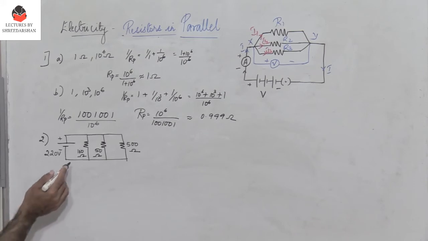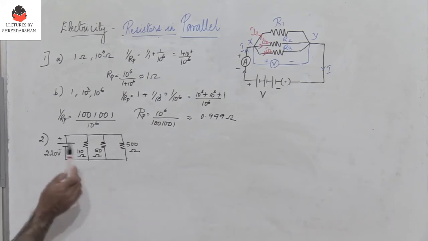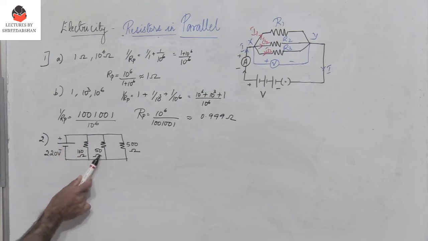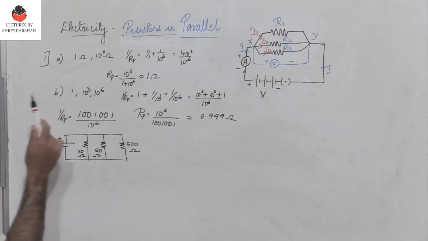An electric lamp of 100 ohms, a toaster of resistance 50 ohms and a water filter of resistance 500 ohms are all connected in parallel to 220 volts. So this is what I have drawn here. In the circuit, 100 is the resistance of the electric lamp, 50 is the resistance of the toaster and 500 is the resistance of a water filter.